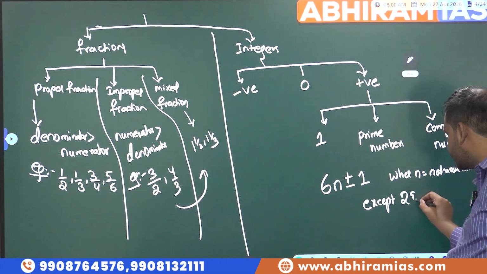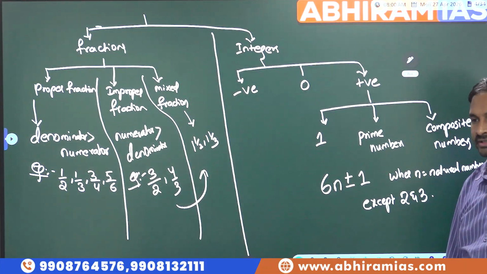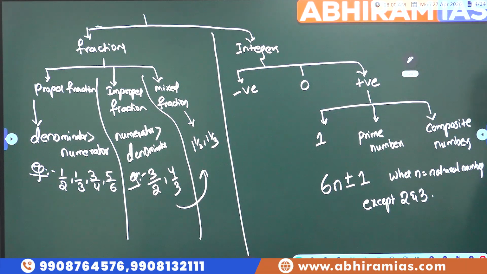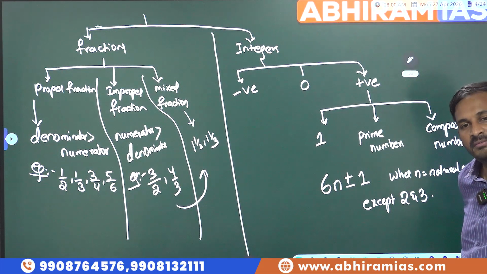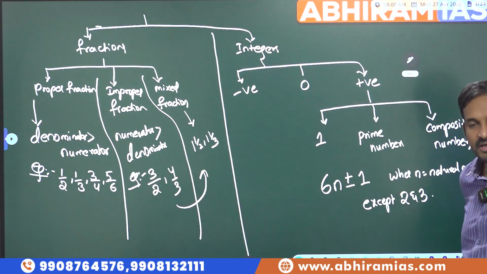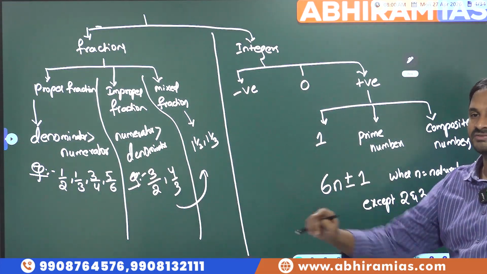So we can write all prime numbers as 6n plus or minus 1, but not all numbers of the form 6n plus or minus 1 are prime numbers.